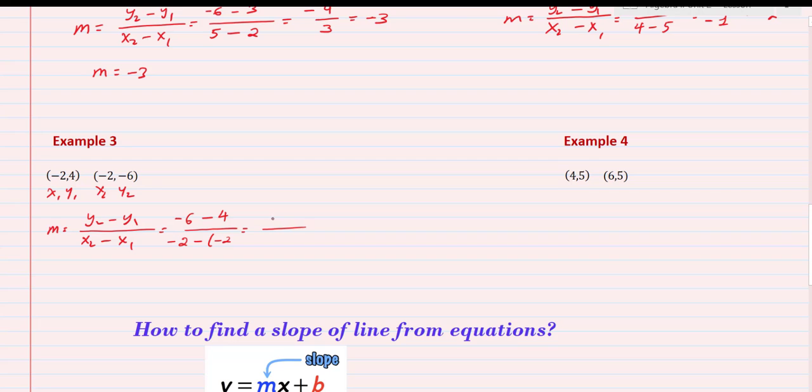So this is going to be -10, and we have -2 plus 2, and this is -10 over 0. Anytime any number is divided by 0, it's going to be undefined. This slope is going to be undefined.